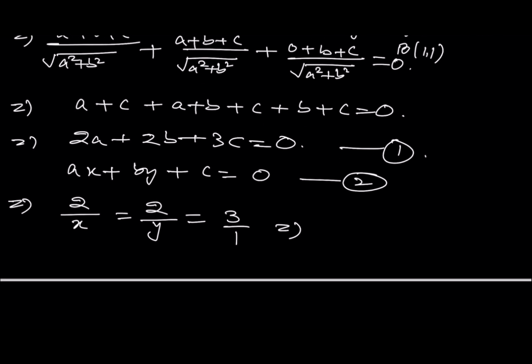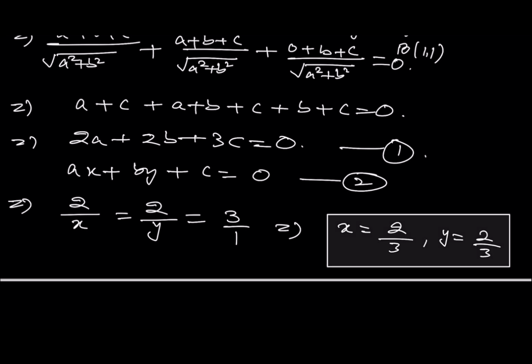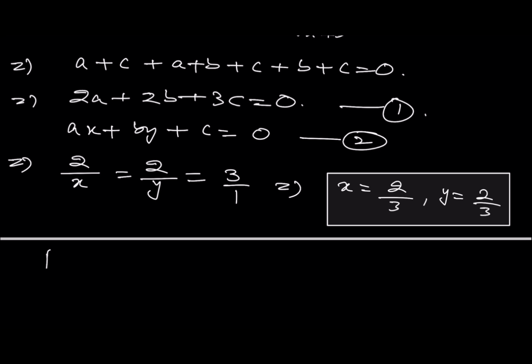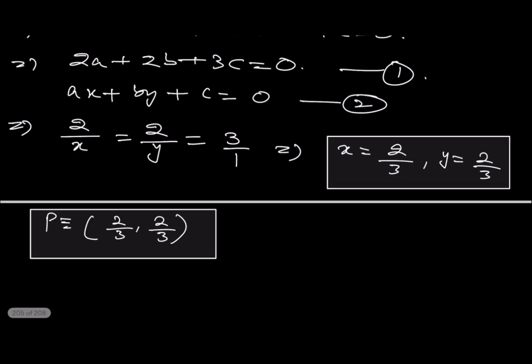So x is 2 by 3 and y is also 2 by 3. So that fixed point is nothing but (2 by 3, 2 by 3), and the question has been solved.